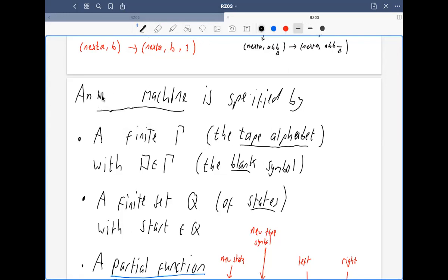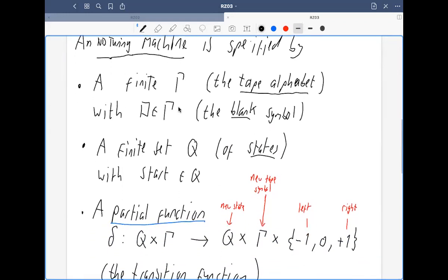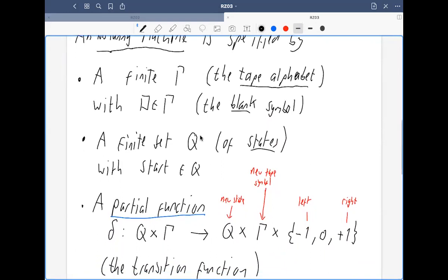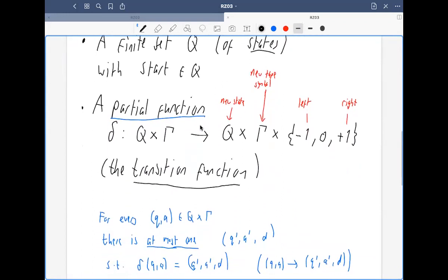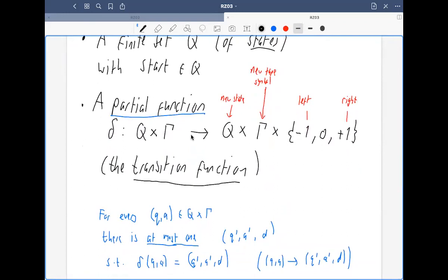So an ND Turing machine is specified by, well, we basically give the same information: we again need a tape alphabet, we again need a finite set of states. It's all as before. The difference is that our transition function is no longer a function.